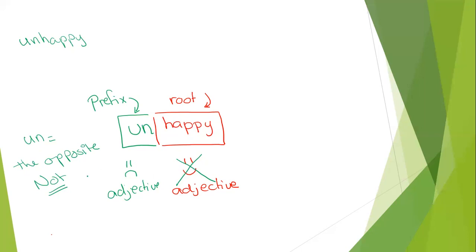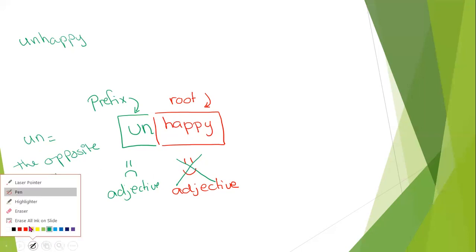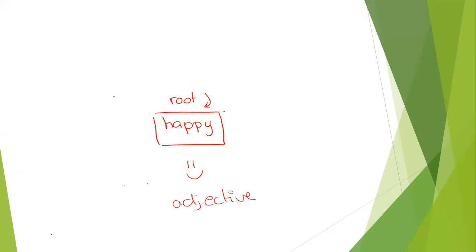Okay, good job. طيب, let's see another example. Now I'm going to add a group of letters or a syllable, but at the end of the root. Can you remember what I called those words that come after the root? Yes, I call it a suffix.